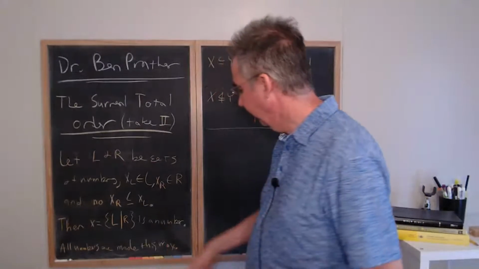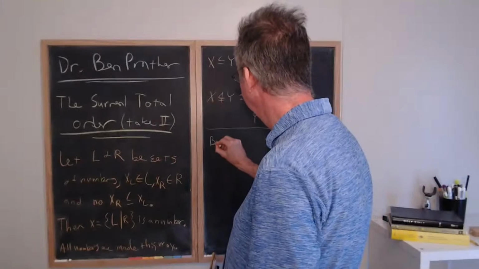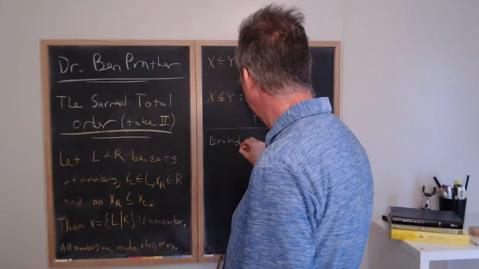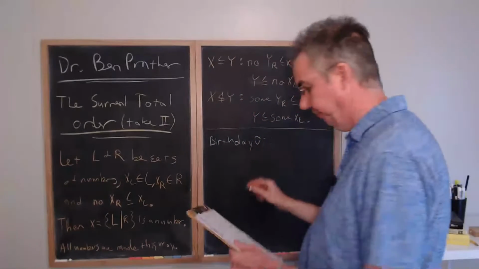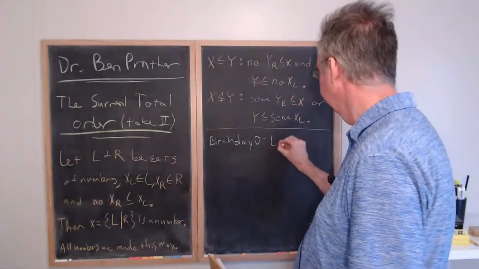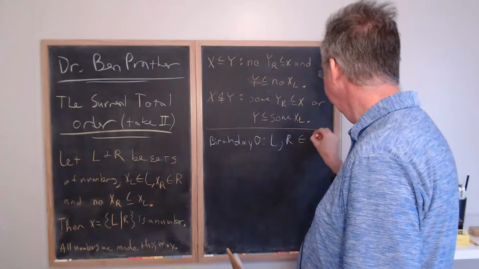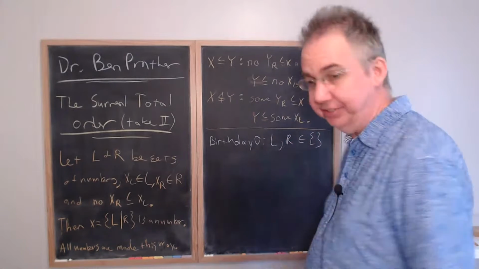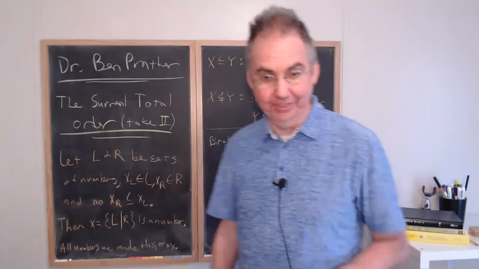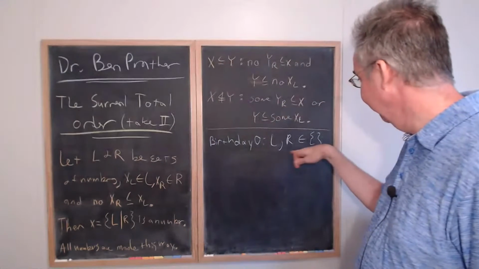So with birthday zero, L and R must be subsets of the empty set, because when we start, we have no numbers. So our set of numbers is the empty set.